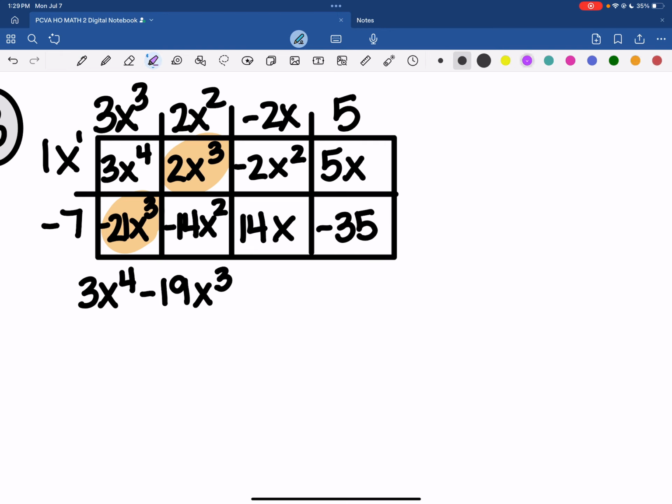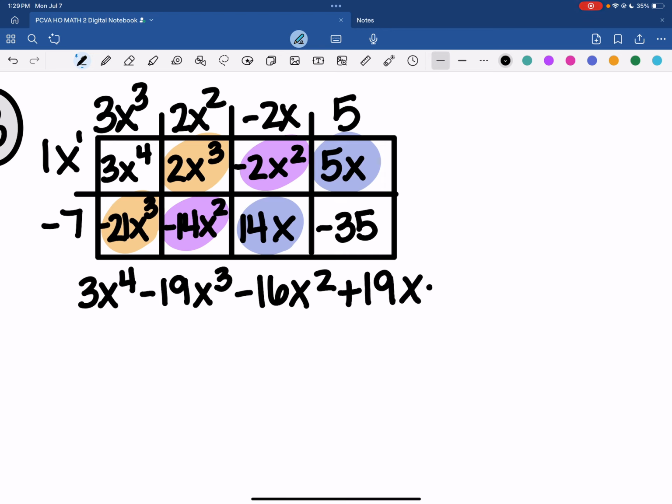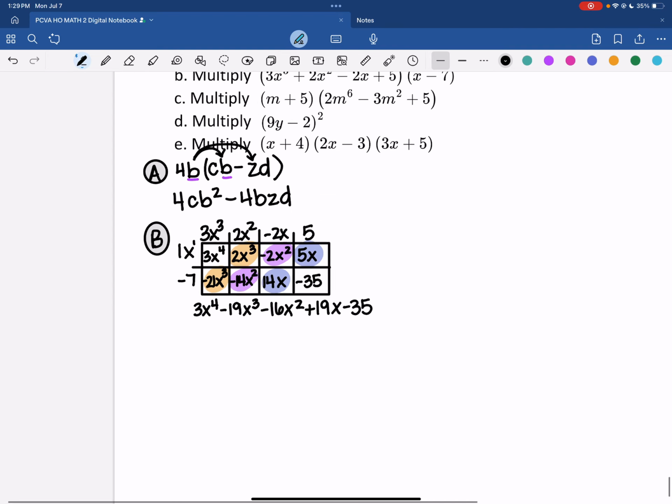For this one, I got -14x squared, -2x squared, so that's going to be -16x squared. And then here I got 14 and 5, so that's going to be 19x. But then the -35 doesn't have anything to combine, so I'll leave that as it is.